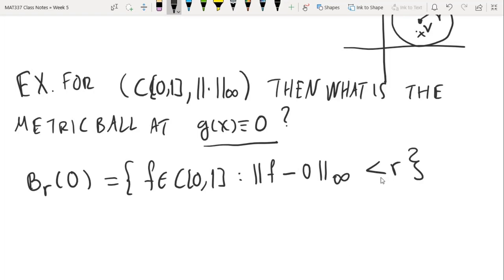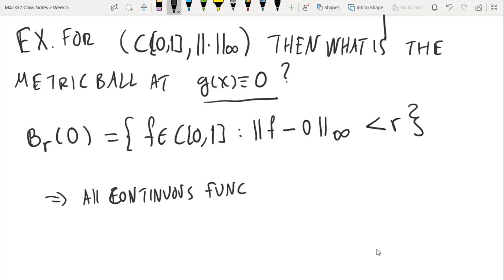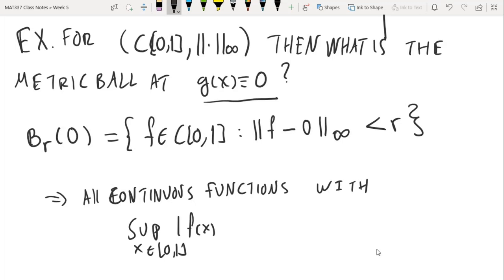Okay, so what is this? This is just all continuous functions with sup bounded by r.